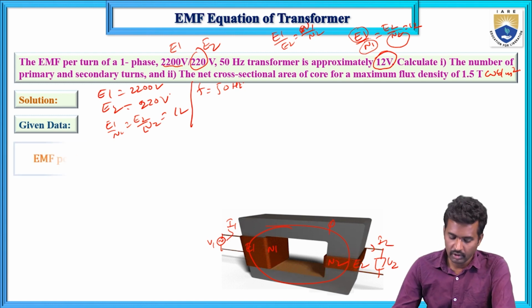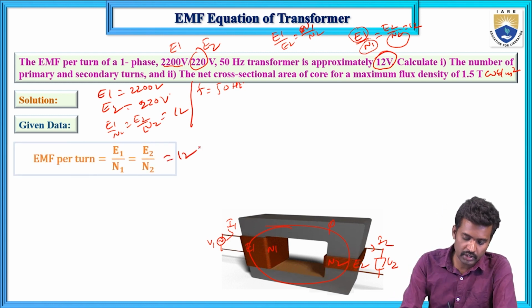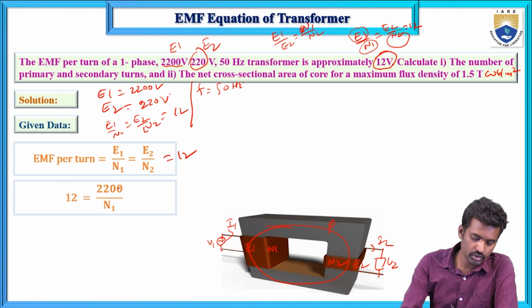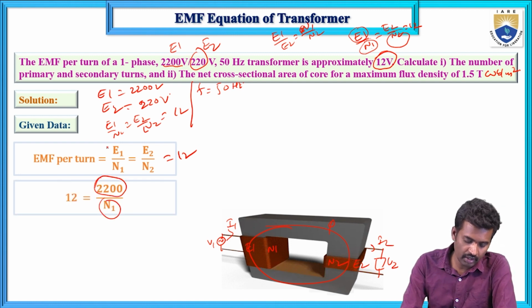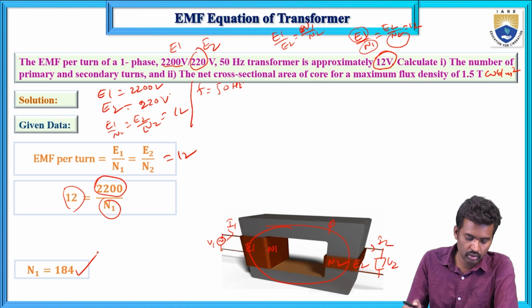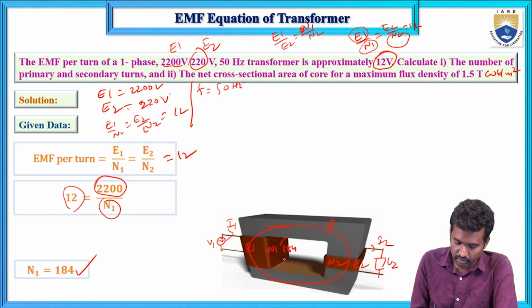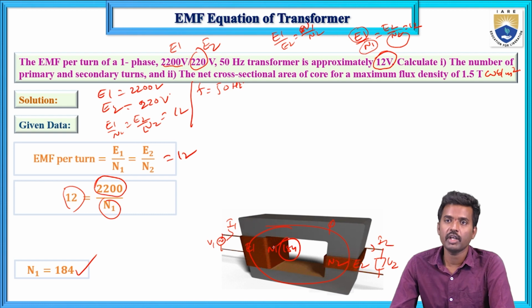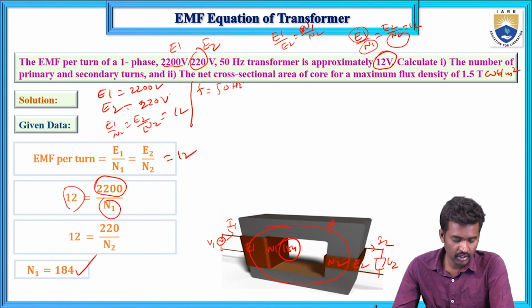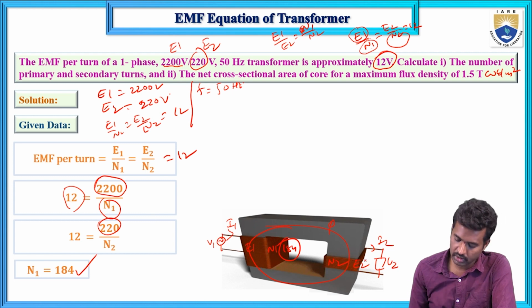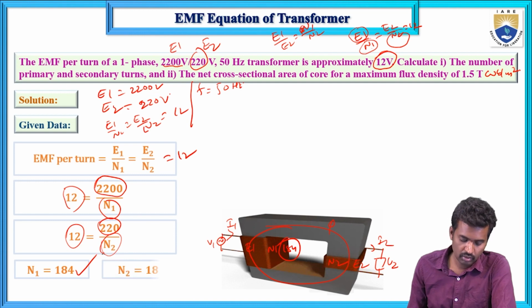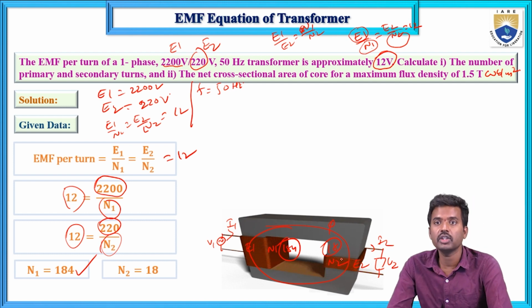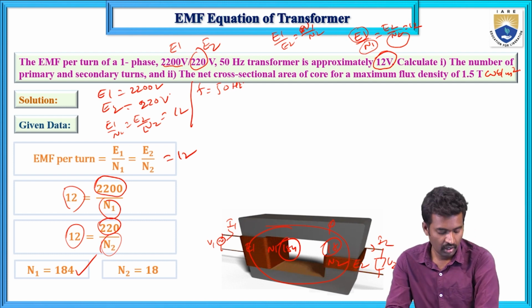Now here the formula: E1 by N1 equals 12. So from this you can calculate N1 equals 184 turns, the primary winding turns. In the same way, N2 equals 220 volts divided by EMF per turn 12, that is 18 turns. This is a step down transformer, since N1 is greater than N2, 184 is greater than 18.